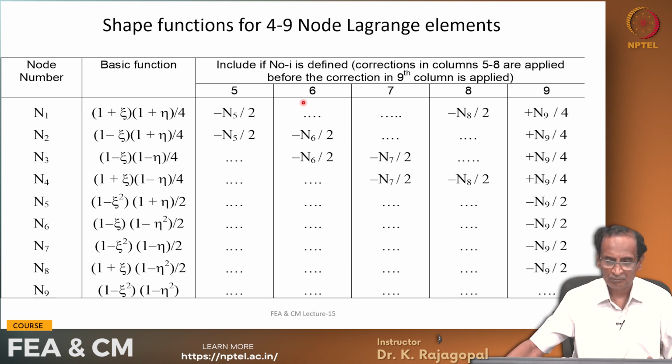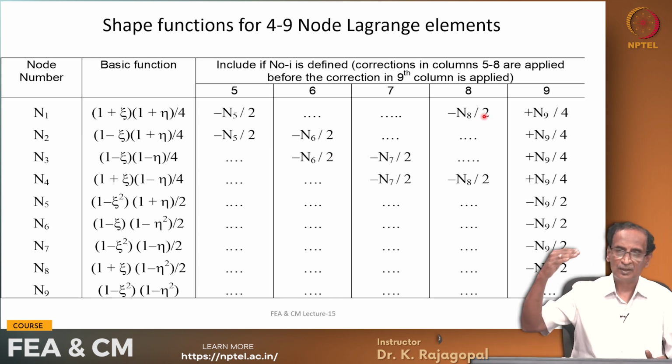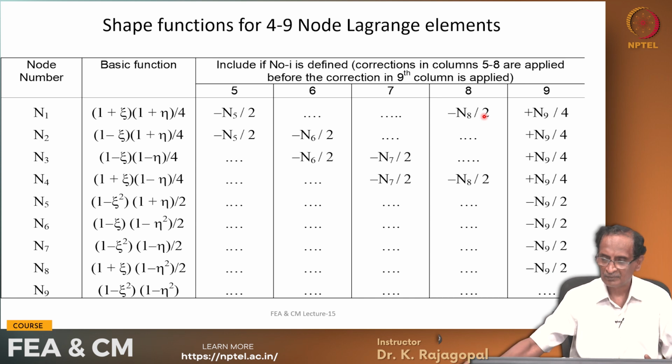If you introduce node 6, you correct N2 and N3, and with node 7 we correct N3 and N4, and so on. If you introduce the 8th node, we correct N1 and N4. And with the 9th node we have correction for all the other 8 nodes.